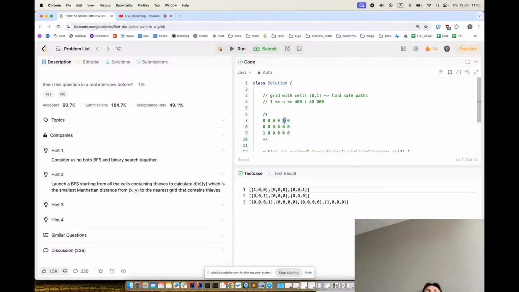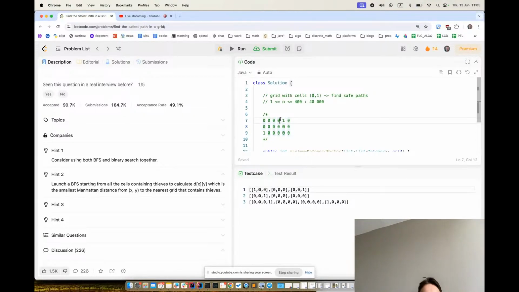Okay. So here I can calculate what is the distance for these paths. Then for these paths, I can start BFS from both sides.